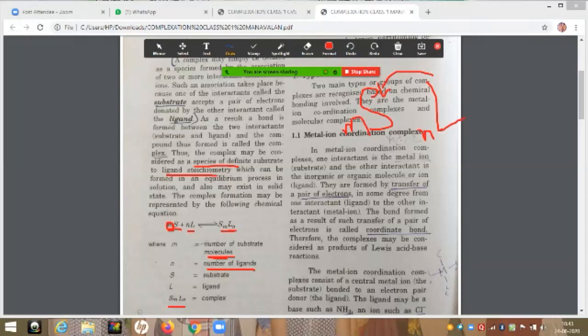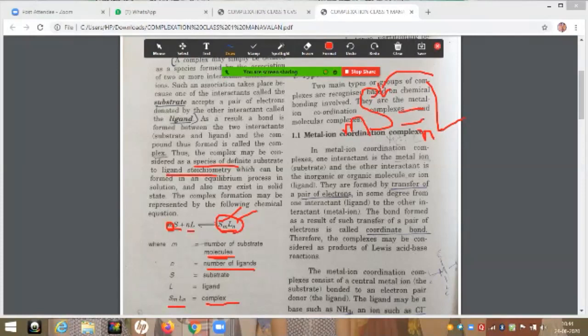This SmLn indicates the complex. That is, it is a species formed by the association of substrate and the ligand. m molecules of substrate and n molecules of ligand interact together, where there will be a bond formed between these two interactants. And the interaction between them is the accepting of a pair of electrons from the ligand by the substrate.